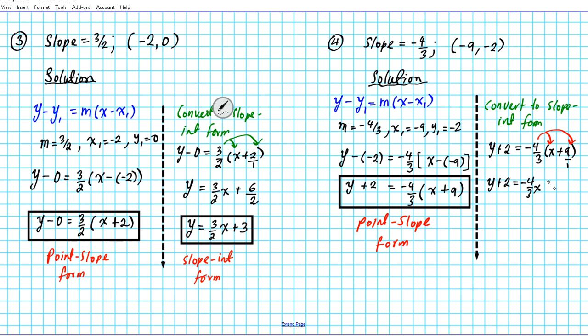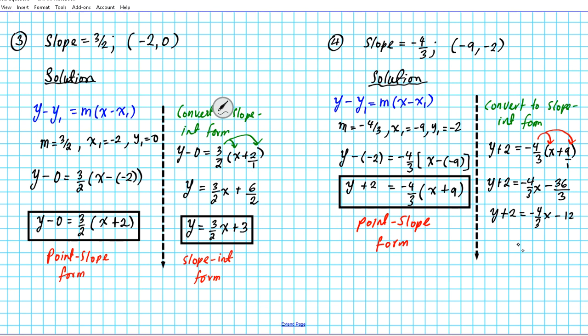So minus times plus here will give us minus since the signs are different. 4 times 9 is 36 divided by 3. How did that happen? When you're multiplying fractions, you multiply numerator by numerator and denominator by denominator. So 4 times 9 is 36, 3 times 1 is 3. Let's simplify that a little bit further. y plus 2 is equal to negative 4/3 x. 36 divided by 3 is 12.